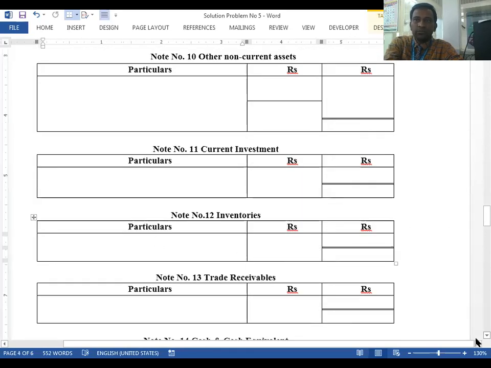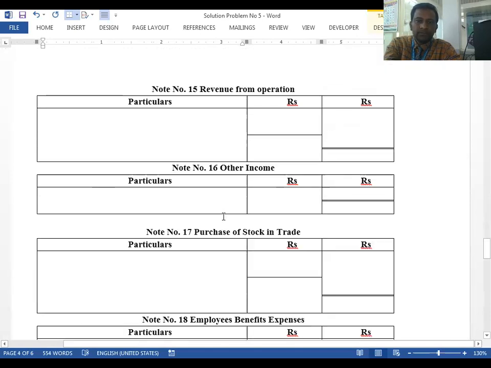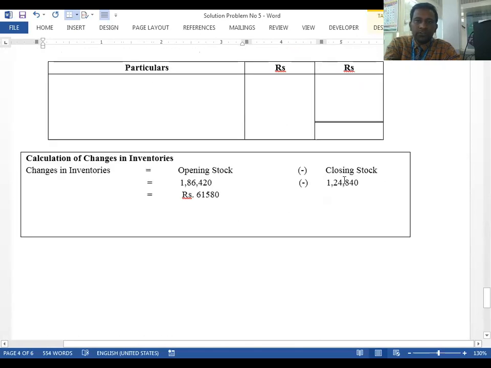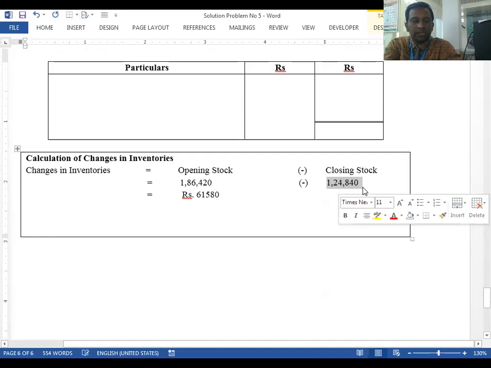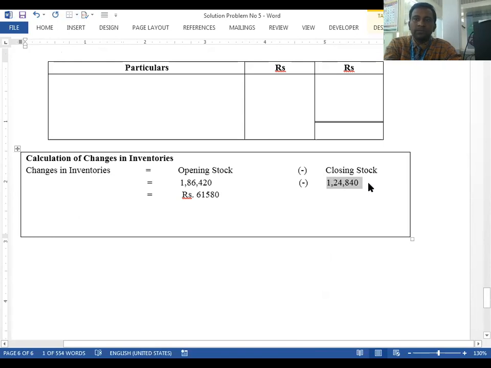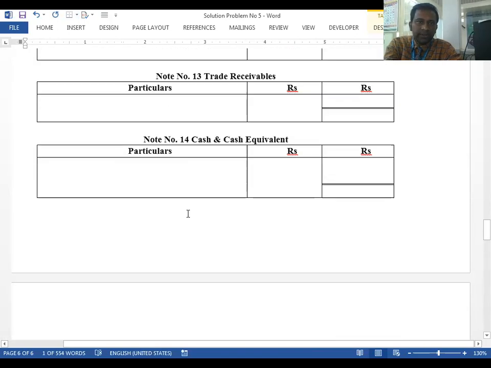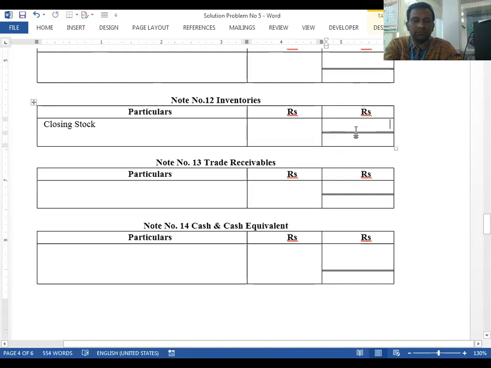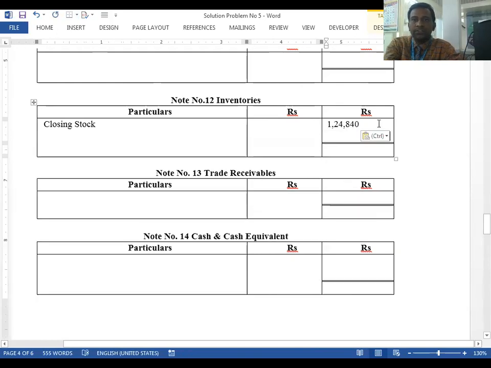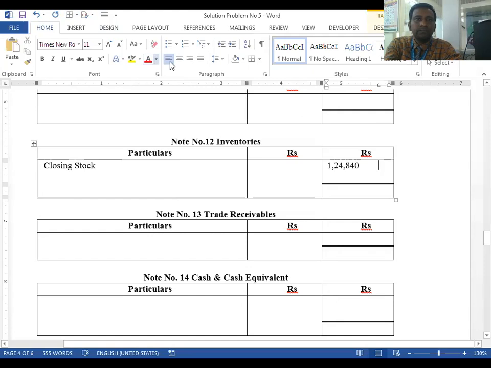So we write the closing stock under this heading. What is the amount of closing stock? Closing stock 1,24,840. This is the second effect.